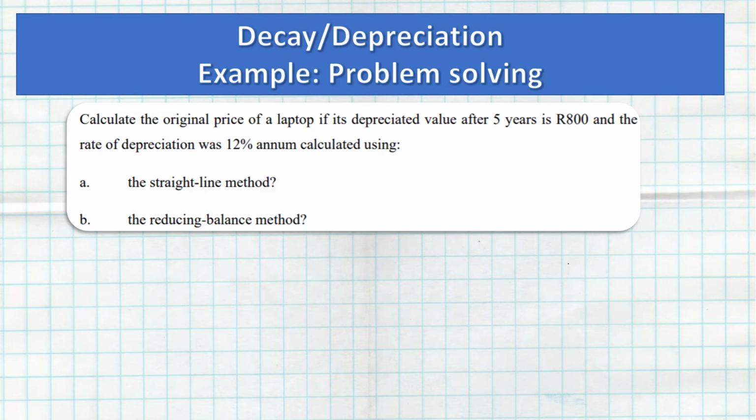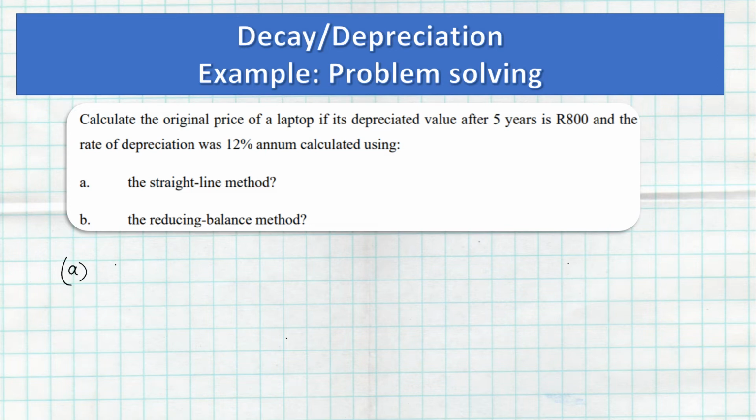Okay, here's an example. They say calculate the original price of a laptop if its depreciated value after 5 years is 800 and the rate of depreciation was 12% per annum, calculated using a straight line method and also a reducing balance method.